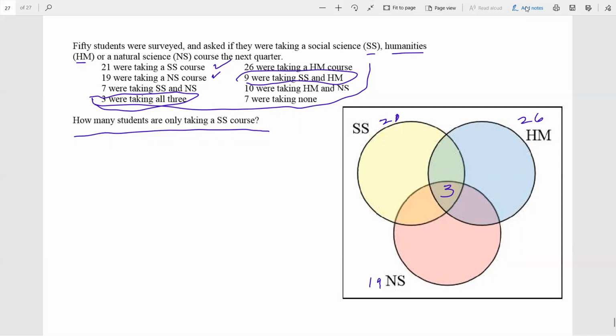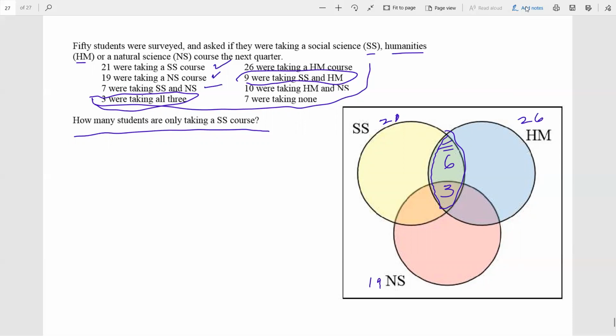So that would be this area here. So if that's 9 total, then there must be 6 here, because putting a 6 in the light green area would add up to the 3 that are taking all 3 courses and give you 9.